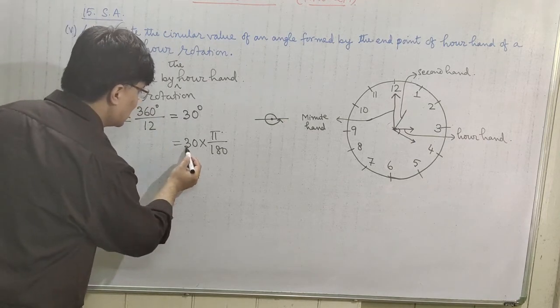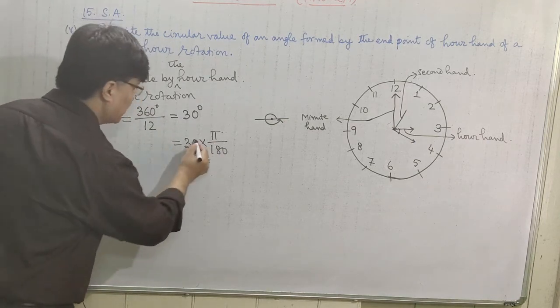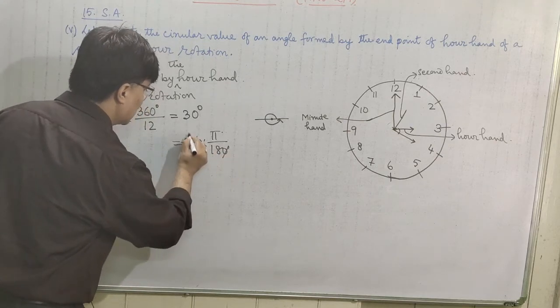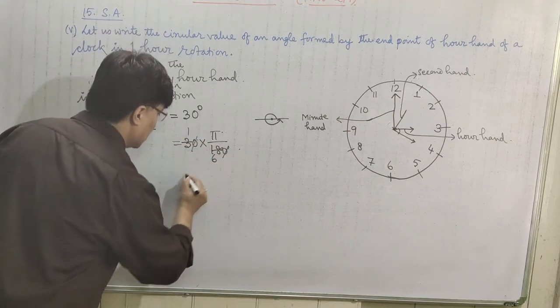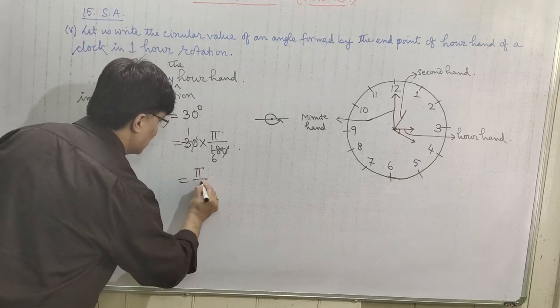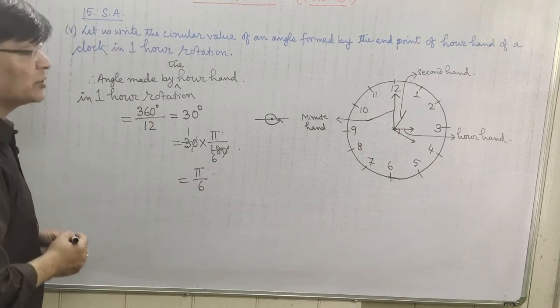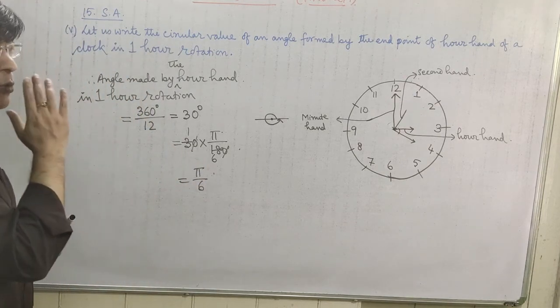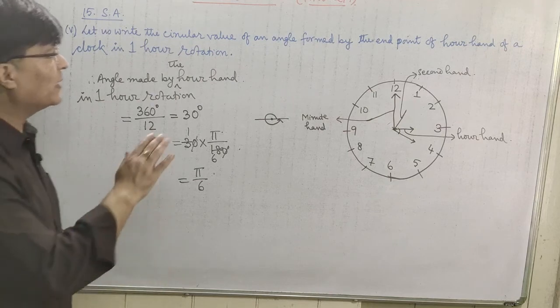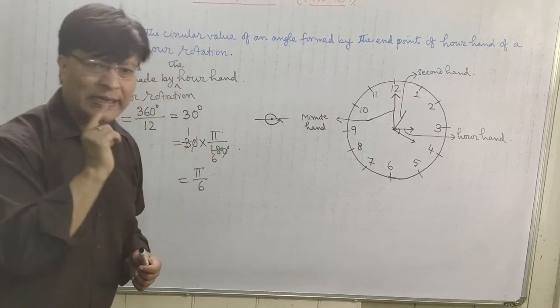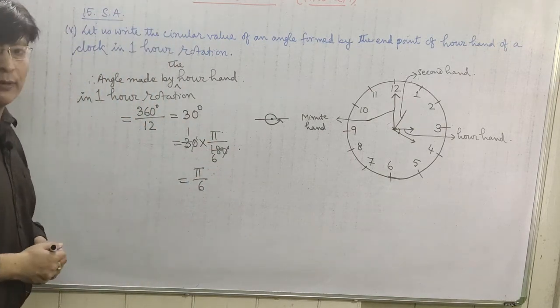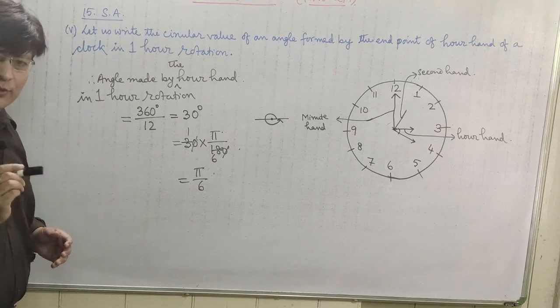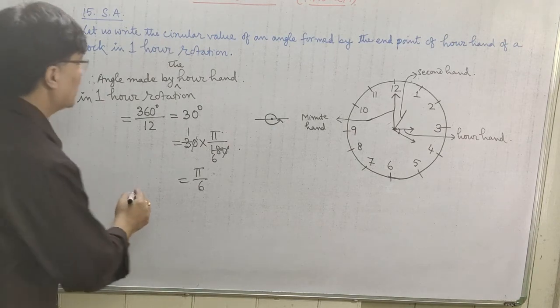You should multiply 30 by pi by 180. Here the zeros cancel, 3 ones are 3, 3 sixes are 18, so the answer is pi by 6. The circular value of the angle formed by the end point of the hour hand in 1 hour rotation is pi by 6. That is the answer.